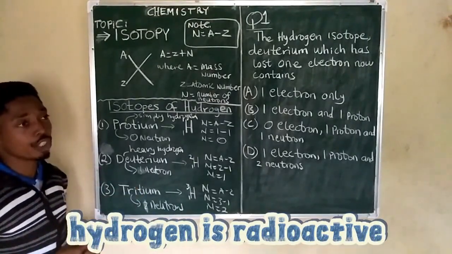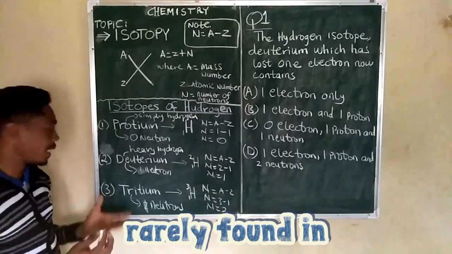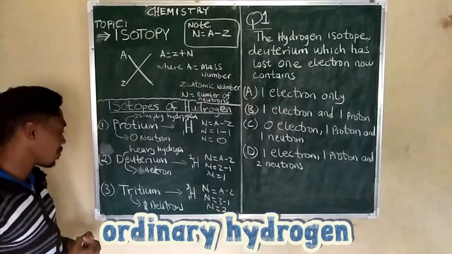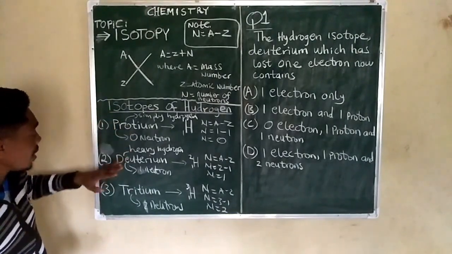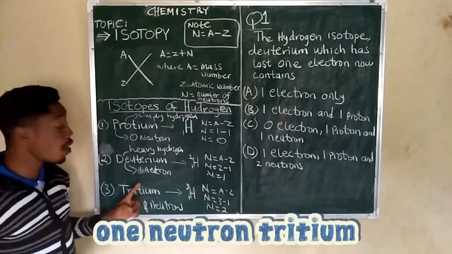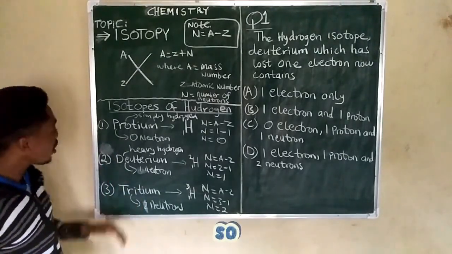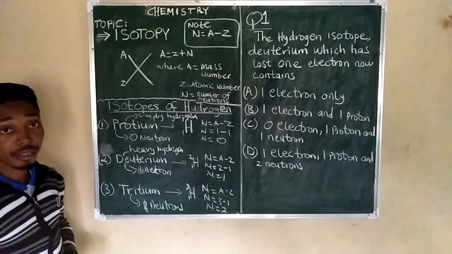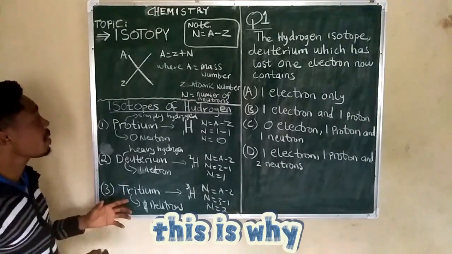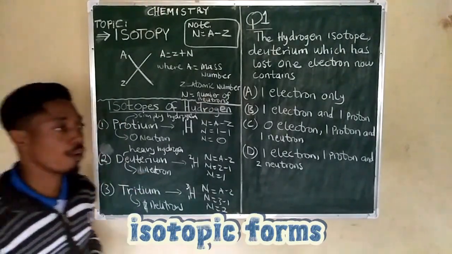This isotope of hydrogen is radioactive and it is rarely found in ordinary hydrogen. So protium has 0 neutrons, deuterium has 1 neutron, tritium has 2 neutrons. So you can see the differences in the number of neutrons. This is why hydrogen has 3 isotopic forms.